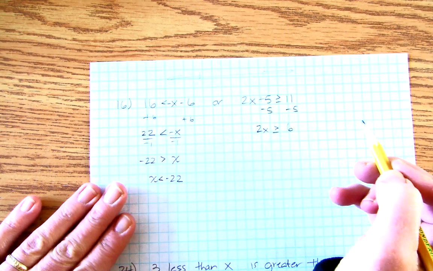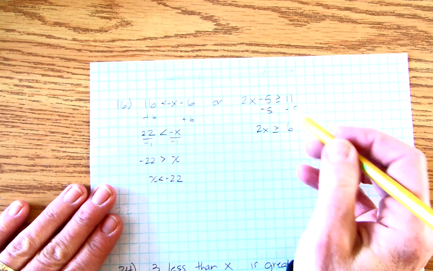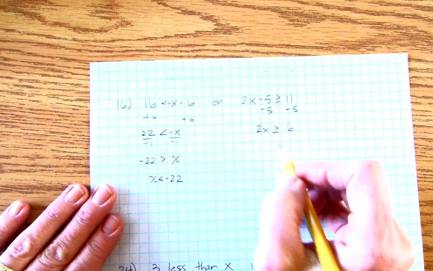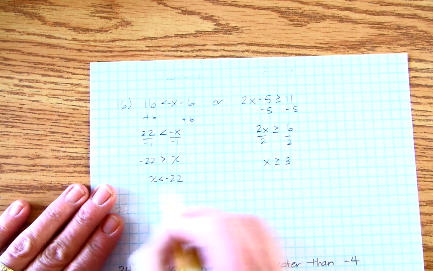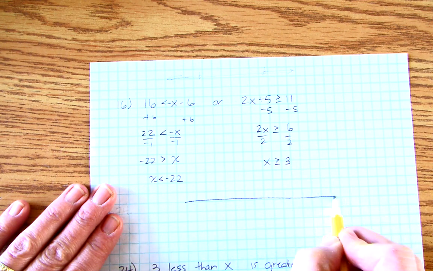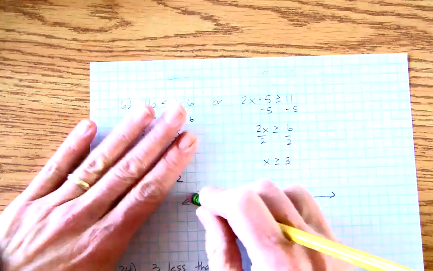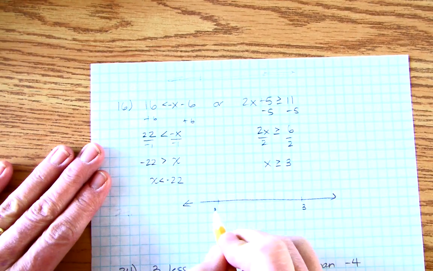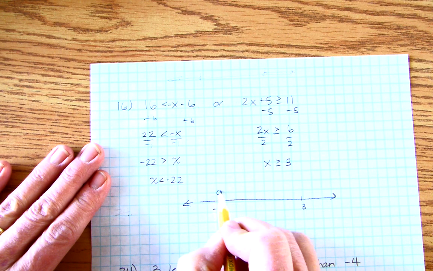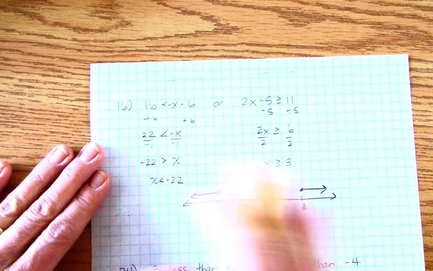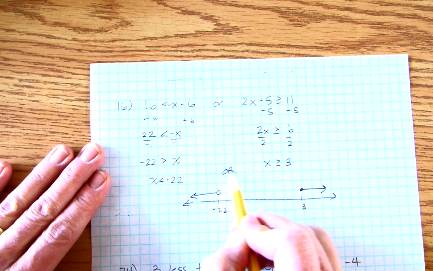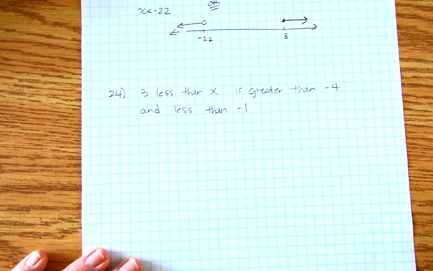X is less than negative 5. 2x is greater than or equal to 6, divide by 2, and x is greater than 3 is up here somewhere. And negative 22. But greater than or equal to.